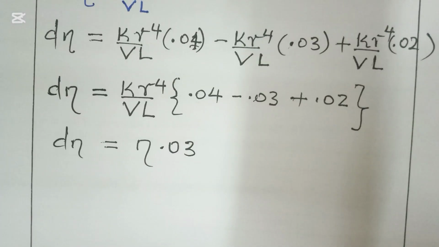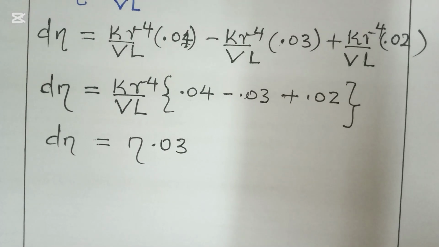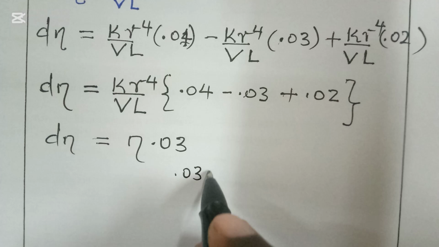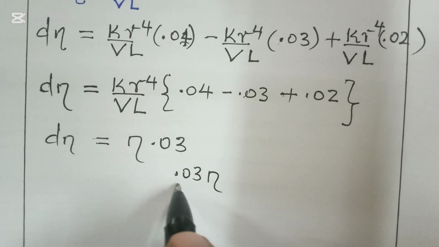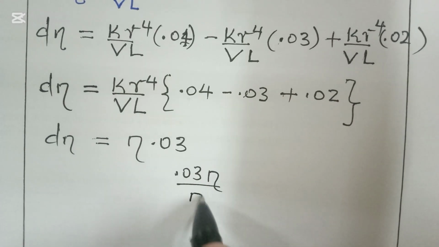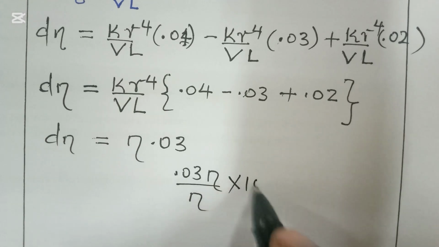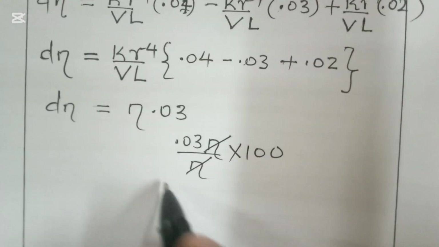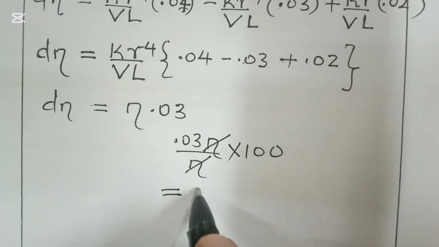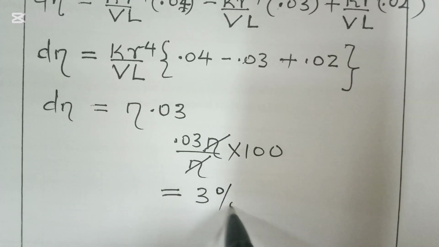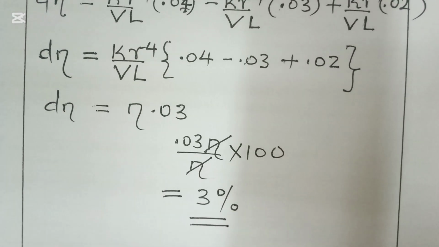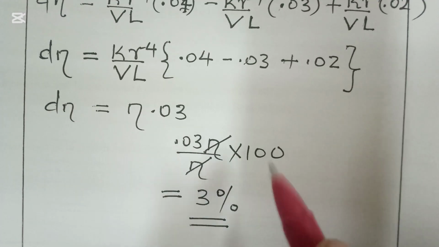Now looking for percentage change, it shall be the change, 0.03 eta, all over the original eta, multiplied by 100. This gives us 3%. So our change for the viscosity is 3%, in terms of percentage. Thank you for listening to me. Bye bye.